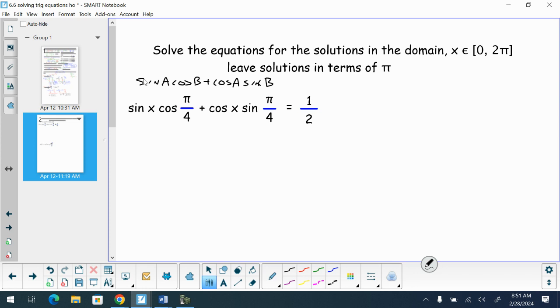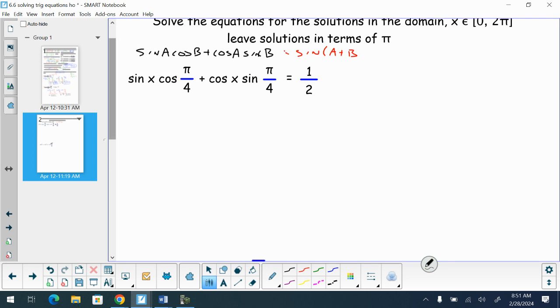Which one of our trig angle addition formulas was sine A cosine B plus cosine A sine B? Sine of A plus B. So this takes us back to sine of x plus pi over 4 is equal to 1/2.